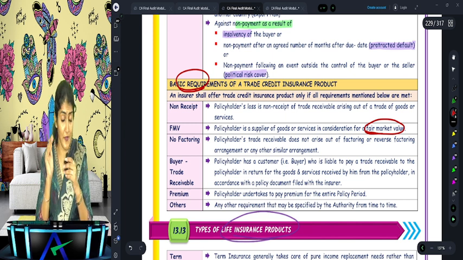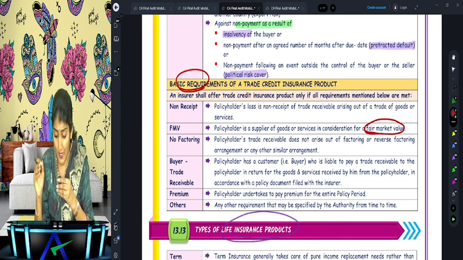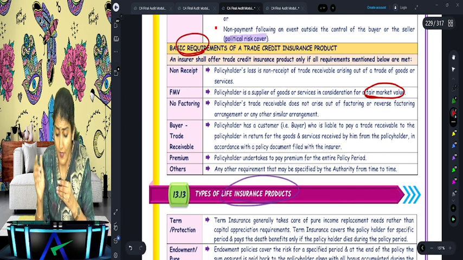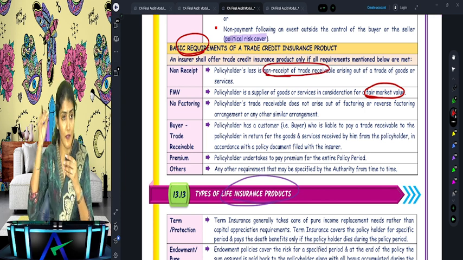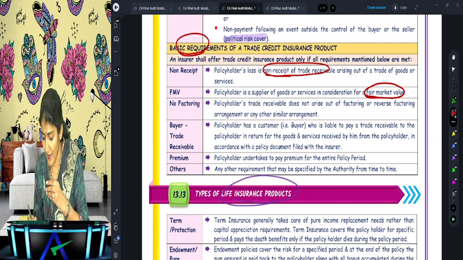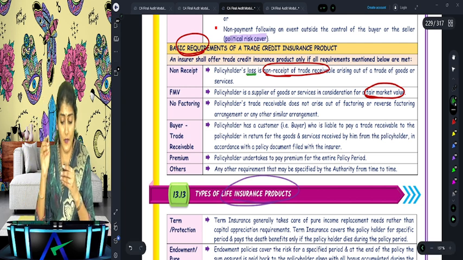The supplier should be selling the umbrellas at the fair market value. Then what is the loss of the supplier? The loss of the supplier is the non-receipt of the trade receivable. Right, so there should be a supplier selling the goods at the fair market value, and his loss is non-receipt of the trade receivable.